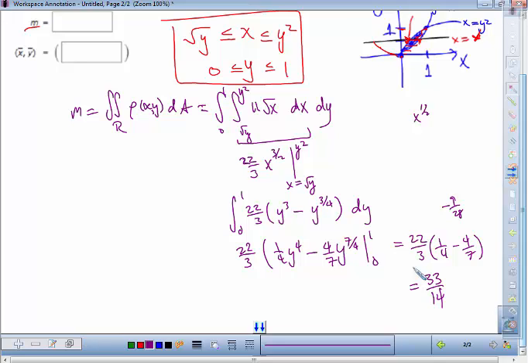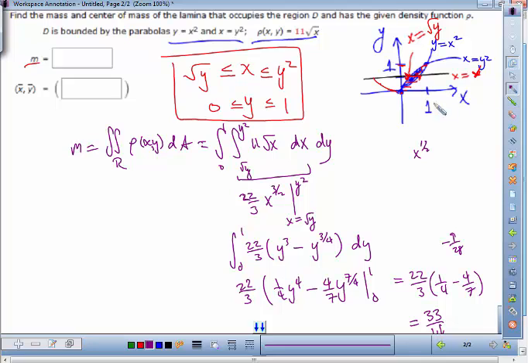Where? Say it again? Did I switch them? When you say square root of y is less than or equal to x, less than or equal to y squared, for when y is between 0 and 1, the y squared is less than the square root of y?